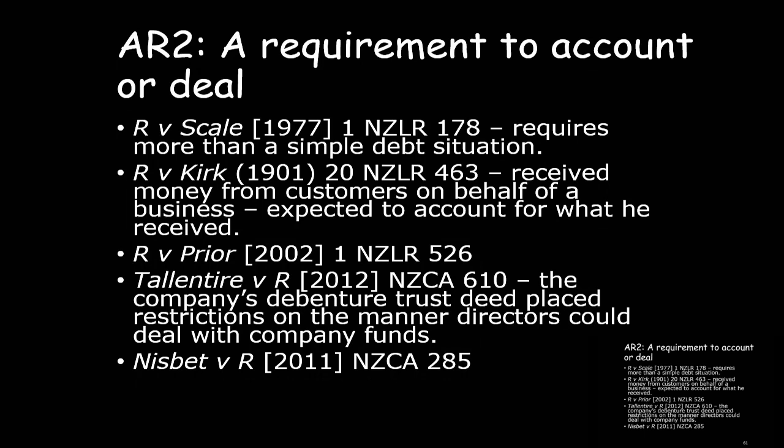And in this case, it didn't give rise to an obligation to account, even though there was a fiduciary relationship with the company. Okay, so even though the directors had a fiduciary relationship with the company as a separate entity, that didn't earmark the property. Right, so hopefully you're getting the idea that it's the earmarking of the property that is really the important point.